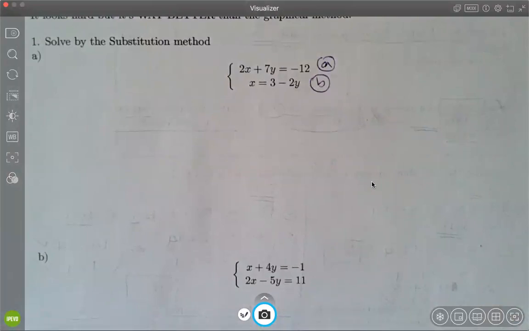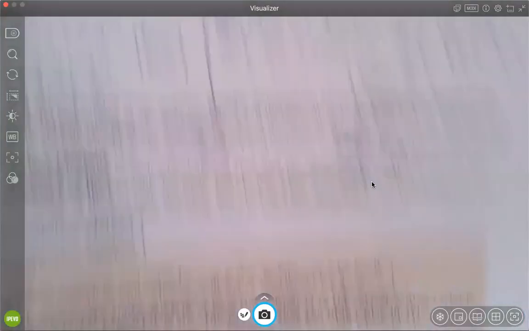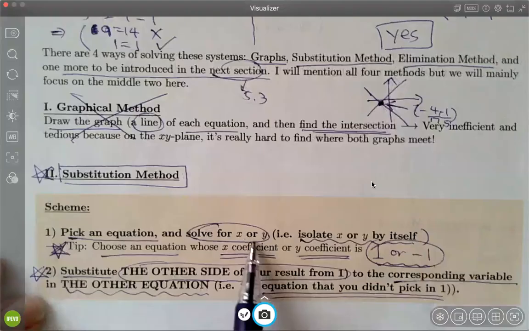You could solve for y in the bottom equation by subtracting 3 and dividing by negative 2. But do you have to isolate y, or is something already isolated? X is already isolated, right? Remember, you don't have to isolate y. It's just x or y, whichever is easier.